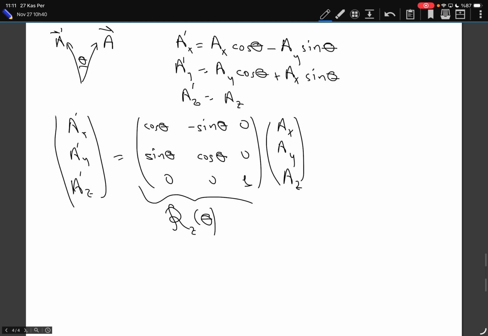Well, I can write it as an exponent also. I can basically do my earlier trick. I can calculate Rz of theta for a very small angle.